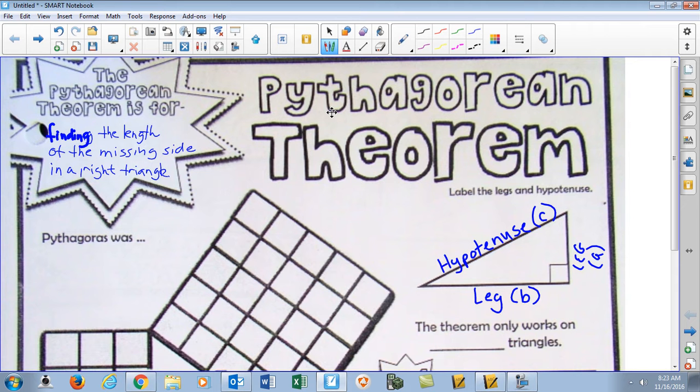All right. And then over here underneath the star, Pythagoras was a Greek philosopher and mathematician. Had to remember how to spell mathematician there for a minute. Who is credited with proving the Pythagorean theorem first.